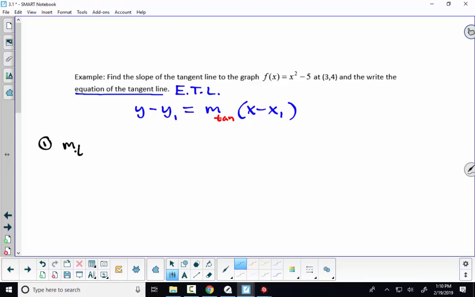So the first thing we need to find, we're given the point 3, 4, we have the y1 and the x1. We need to find the equation of the tangent line. So let's fill these in since we already know them. So x is 3, y is 4.